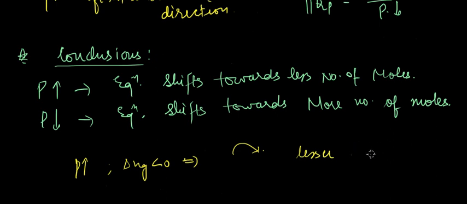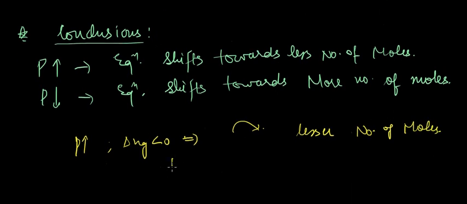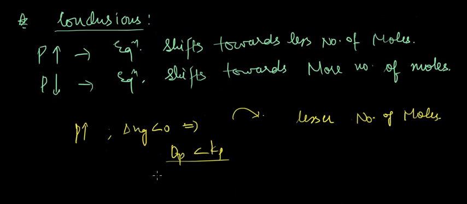Why am I saying lesser number of moles? Because if you see this case, Qp becomes lesser than Kp when pressure is increasing and delta ng is negative. That implies Qp is lesser than Kp. So this implies that more reactants have to decompose or break their bonds and form products, so as to shift the Qp level back to the Kp level.